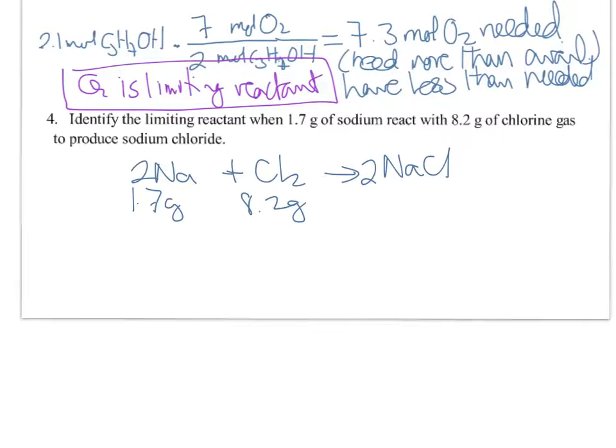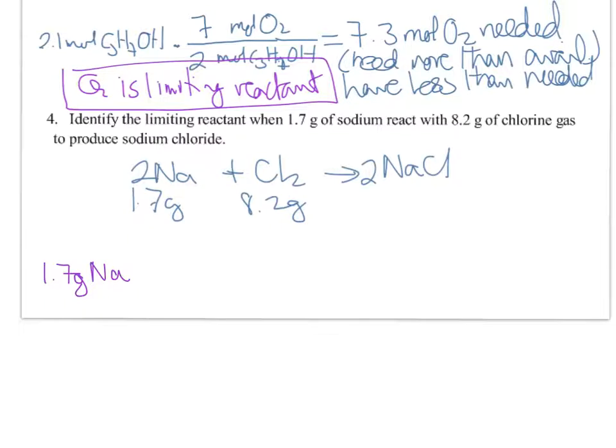So let's do it the same way. I'm going to start with one reactant and solve for how much I need of the other one. So it doesn't matter which one you start with. You can start with your sodium or with your chlorine. I'll start with the first one, the sodium. So I'm going to say I have 1.7 grams of sodium. And to link between two substances, I have to go to moles.